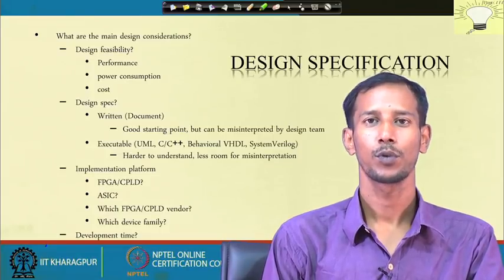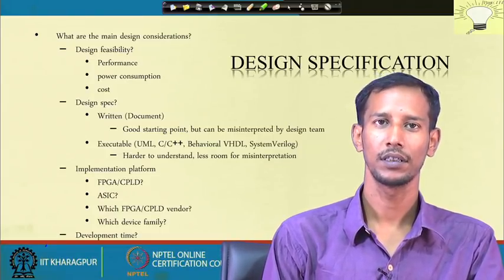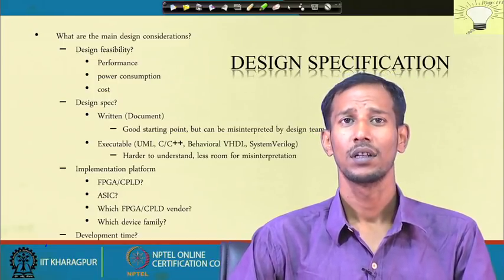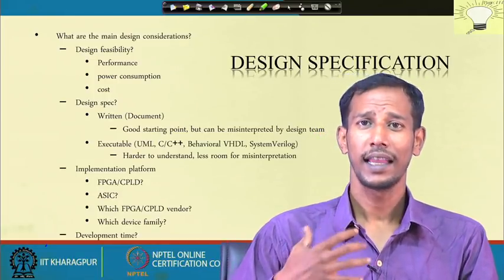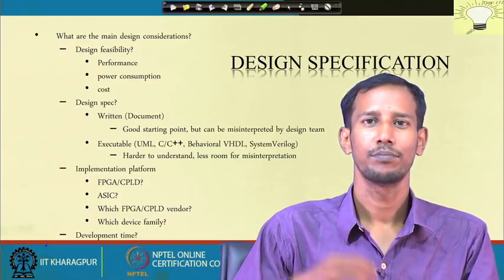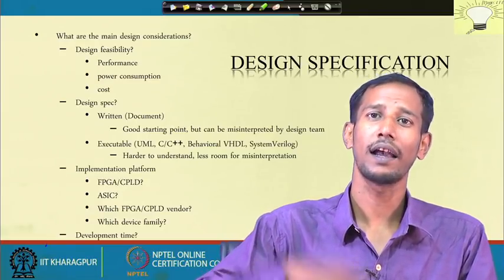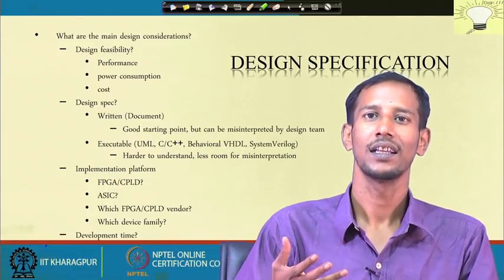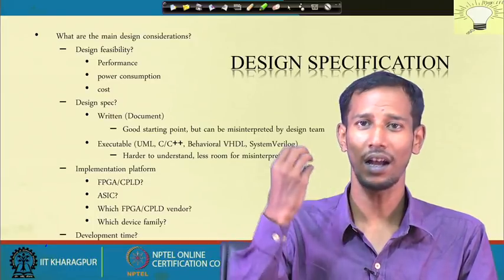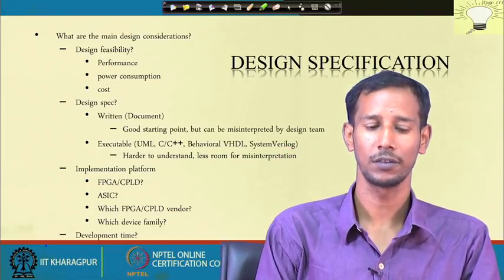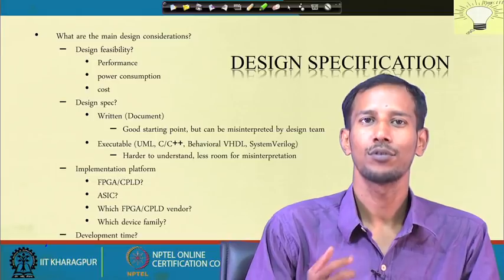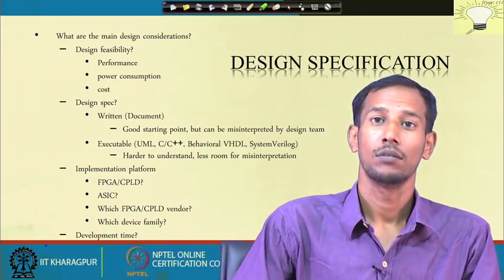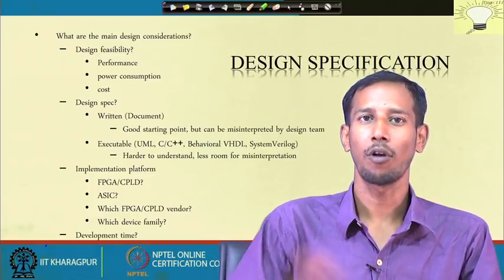Why do I have to check these things? It is not that I expect performance to be on a higher side which is not feasible, or which as a designer is very hard to achieve. Suppose I ask you to design a 10 gigahertz speed processor.